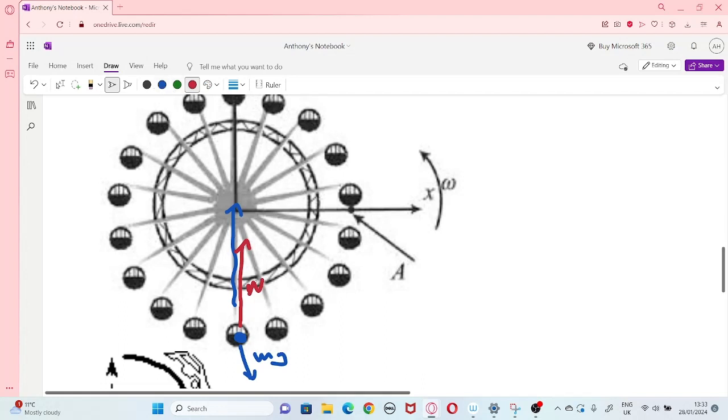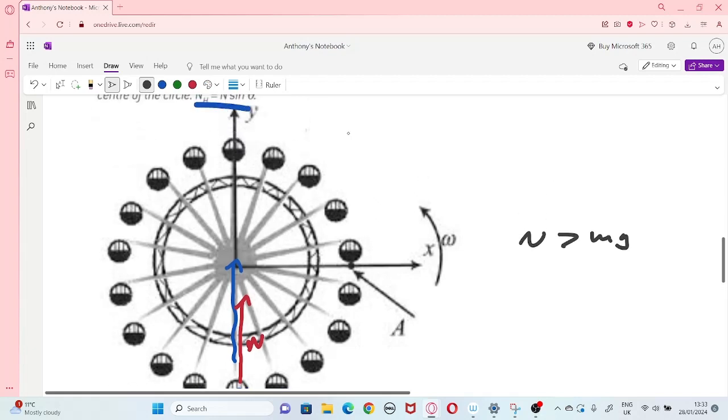At the bottom of the Ferris wheel, the normal reaction force will be greater than weight, because the resultant force has to go towards the center. As they're going in opposite directions, the reaction must be greater to be able to go towards the center.